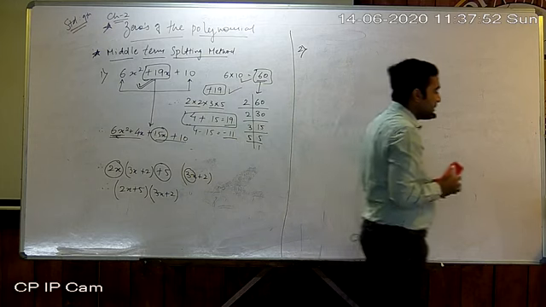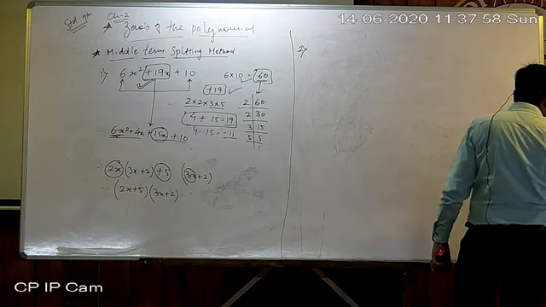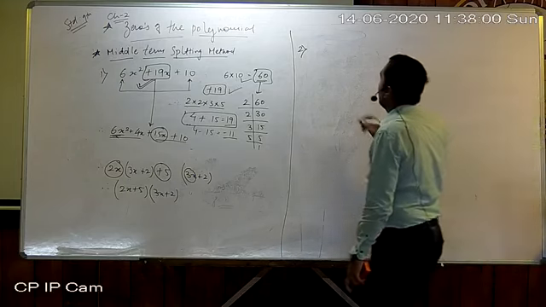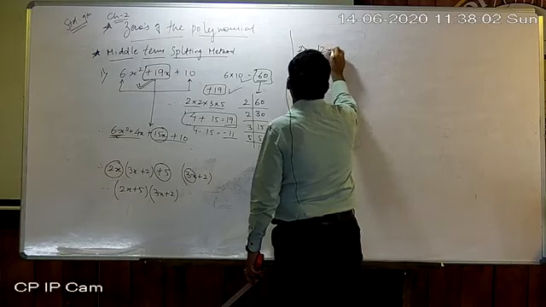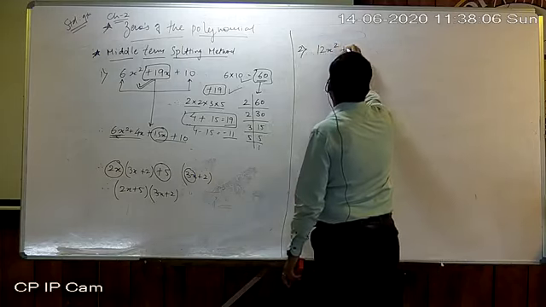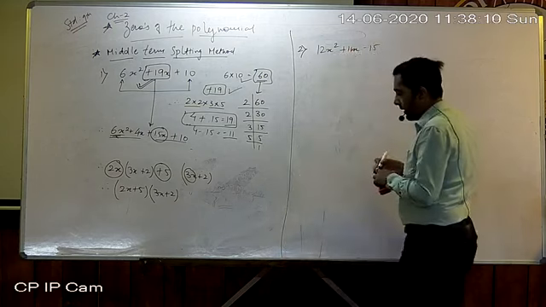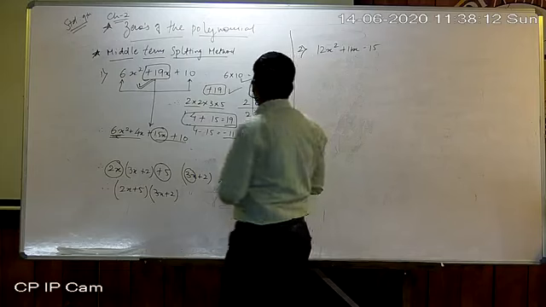Okay, second example is 12x square plus 11x minus 15. 12x square plus 11x minus 15. Okay, so multiply first and last term.